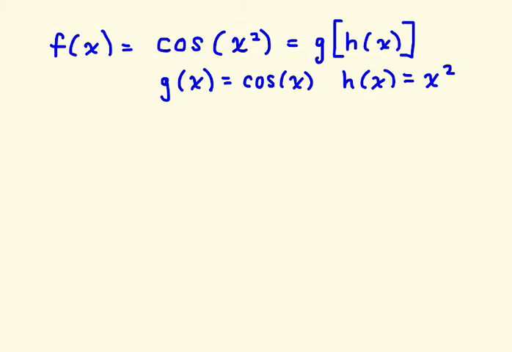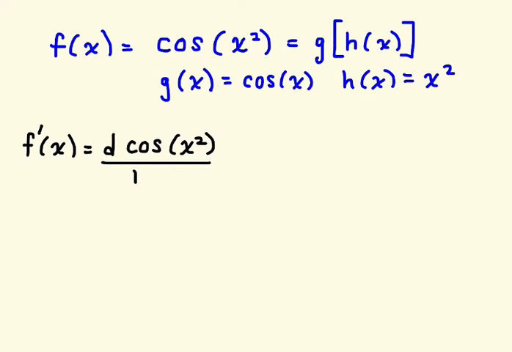So let's go ahead and find the derivative using the chain rule. So if we want to find the f prime of x, which is the derivative of f with respect to x, we are going to take the derivative of the entire thing, the cosine of x squared, with respect to the input to the cosine function, so with respect to x squared, all right?